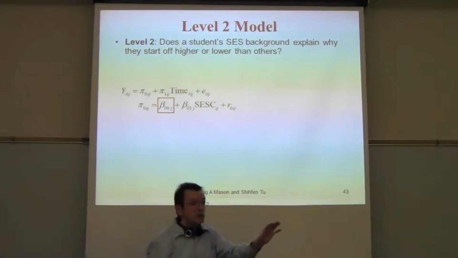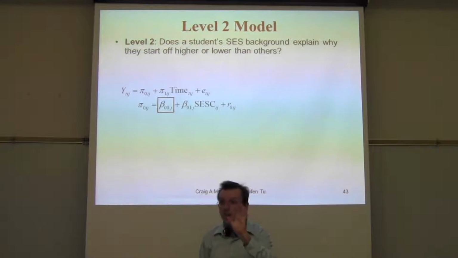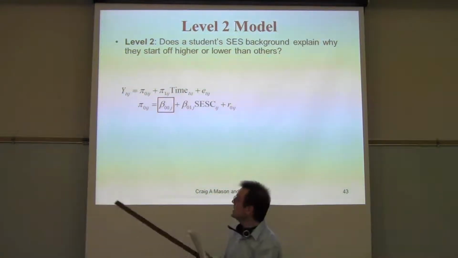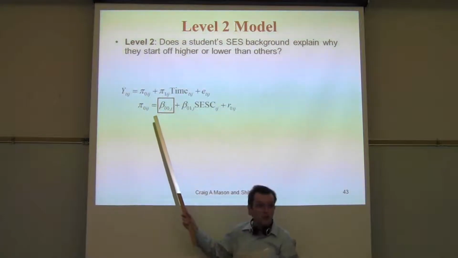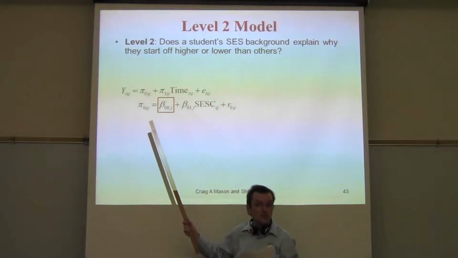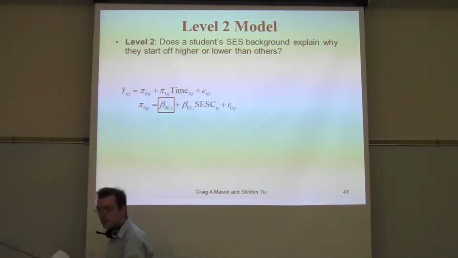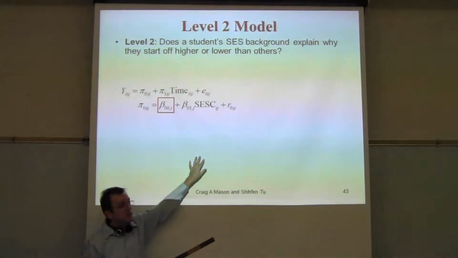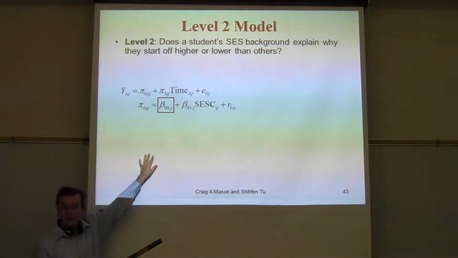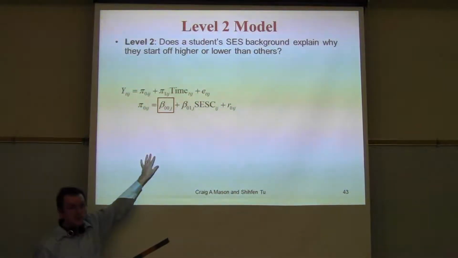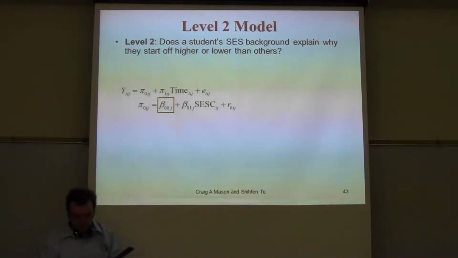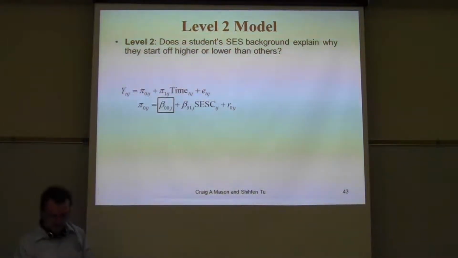It's going to say, okay, for this school, here's the effective SES for that school. Here's the baseline score for that school. So there's going to be 25 equations here predicting the 500 individual intercepts. 25 different.